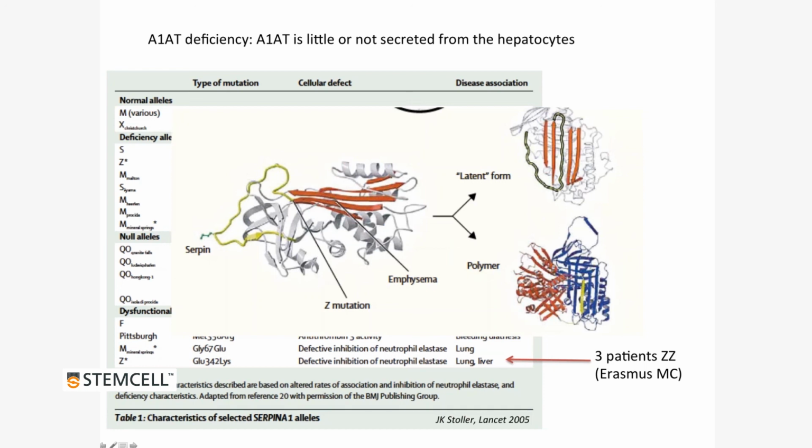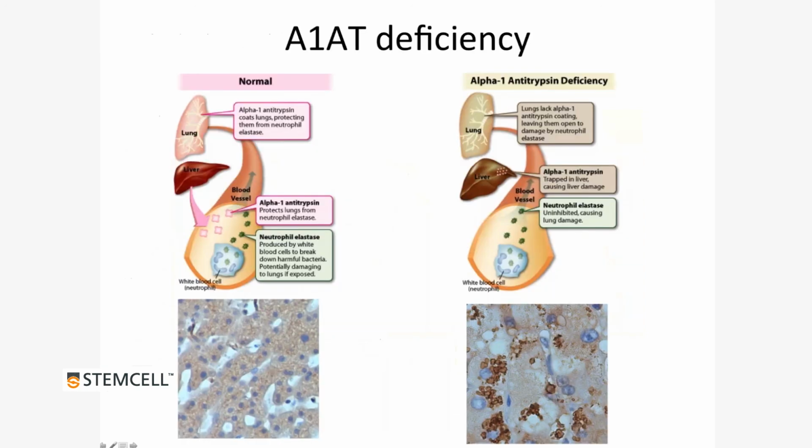And actually, if we look at histology of a patient, it's exactly what we see in this image. In a normal donor, someone that doesn't have alpha-1 antitrypsin deficiency, alpha-1 antitrypsin is produced in the liver, released into the blood vessels, into the circulation, and it goes into the lungs, where it will protect the lungs from being lysed by the neutrophils.